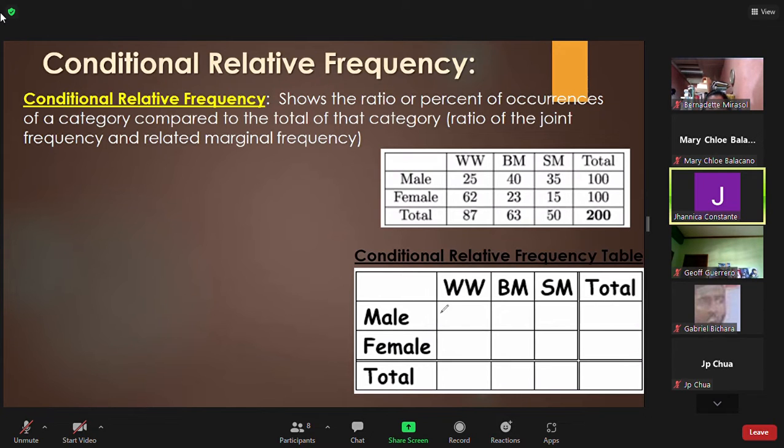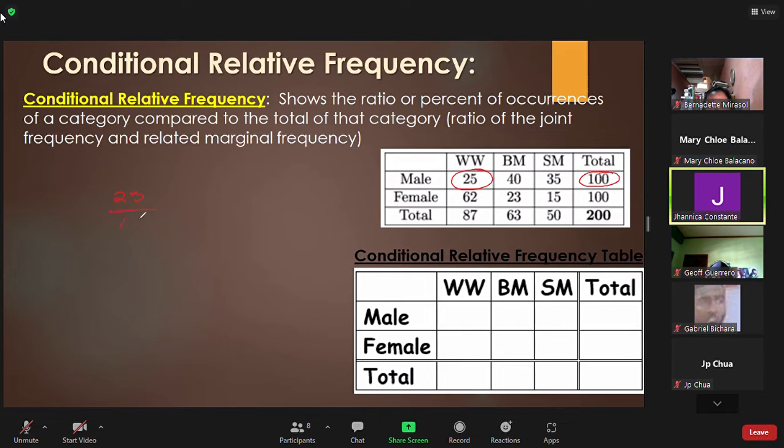So for example, if we're going to find the conditional relative frequency of male from the data that we have for Wonder Woman, which is 25, you're just going to divide the cell total, which is 25, by the total number in the row, which is 100.